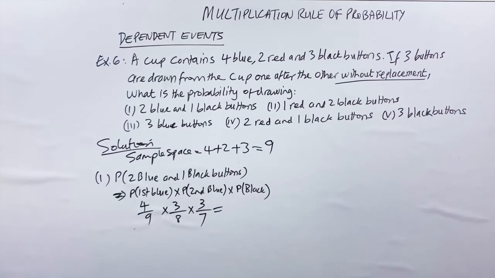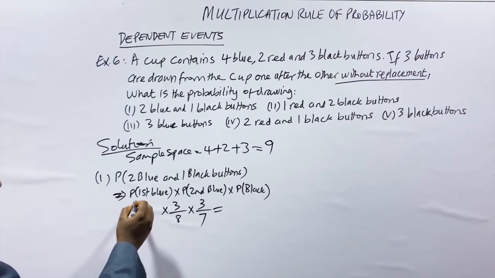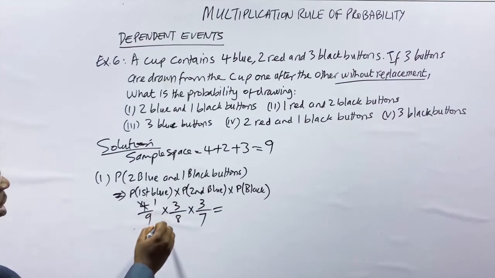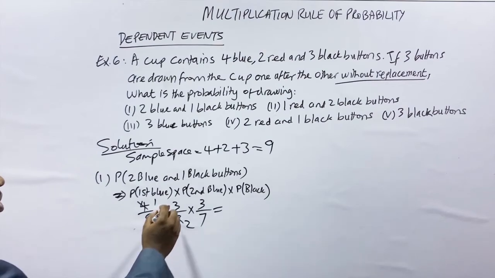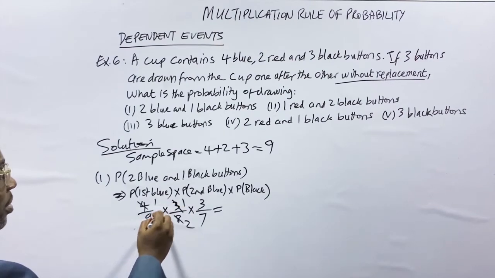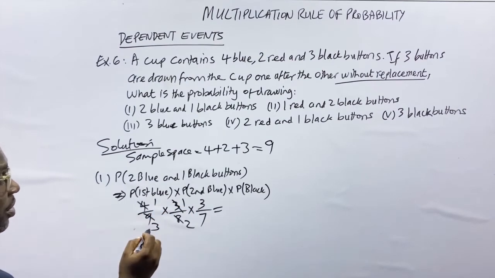Quickly, don't be scared by looking at this scenario that you have to multiply. What you do quickly is to break your fractions down. So let's break this down. 4 can go here 1 and 4 will go here 2. Are you seeing it? 3 can go here 1 and 3 can go here 3.